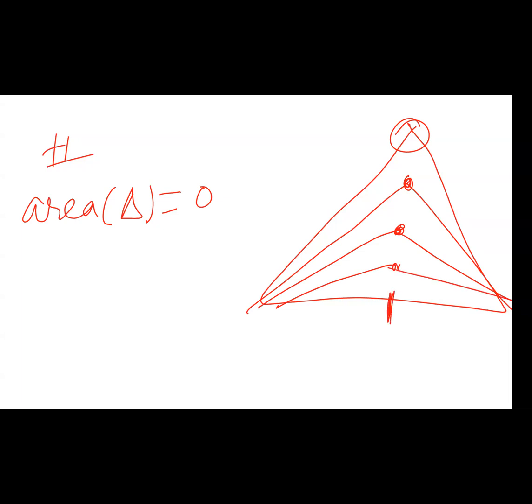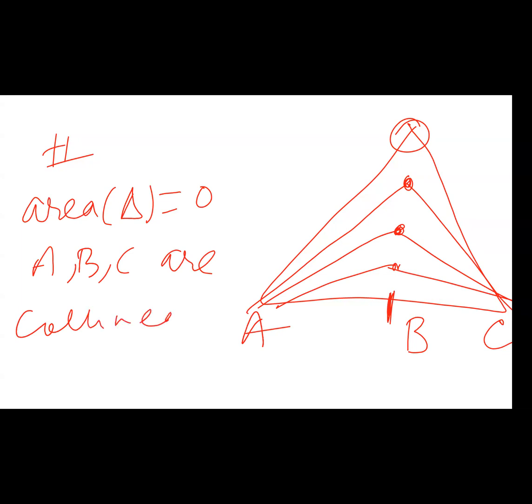Area becomes 0 and points A, B, C are collinear. If area of triangle ABC is 0, then 3 points are collinear. These 2 points clear? Yes, sir.